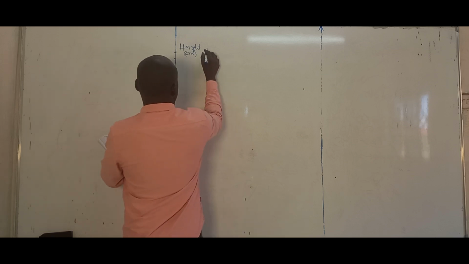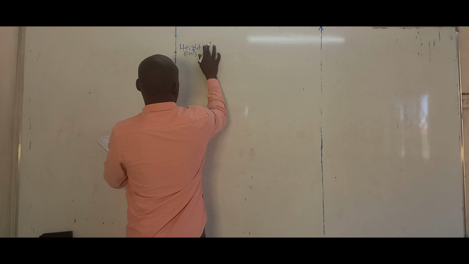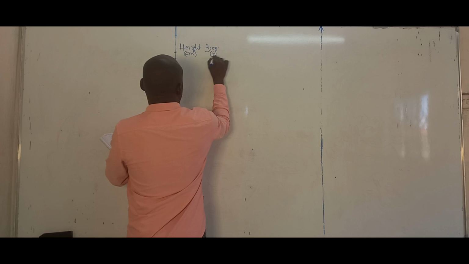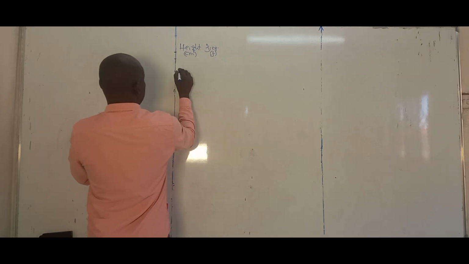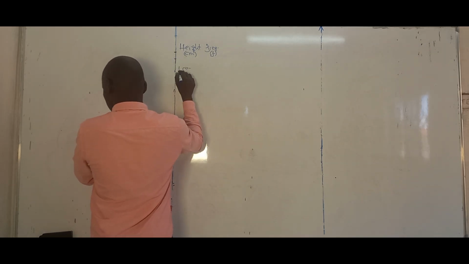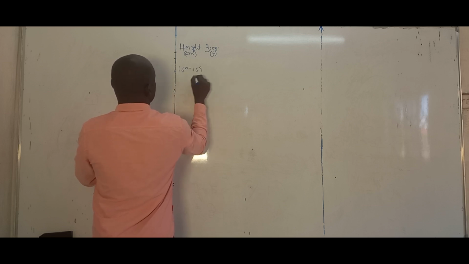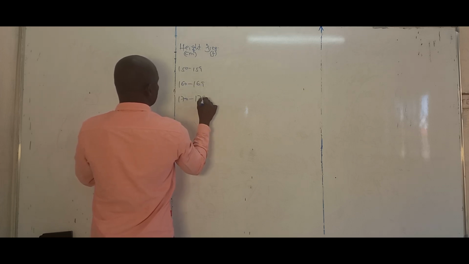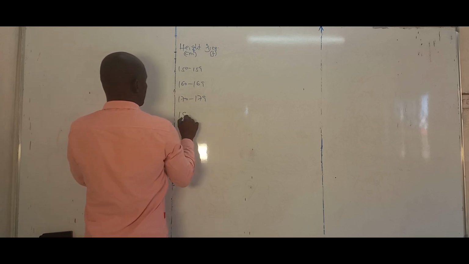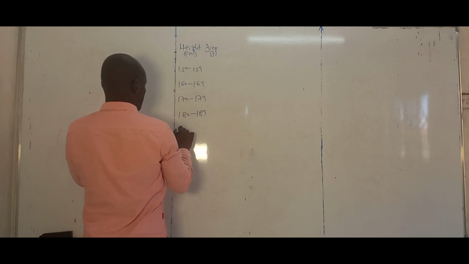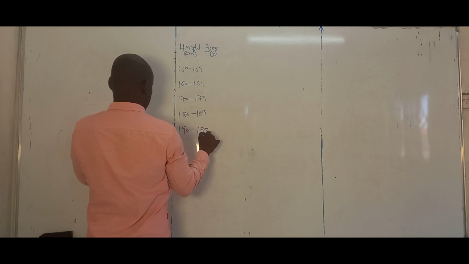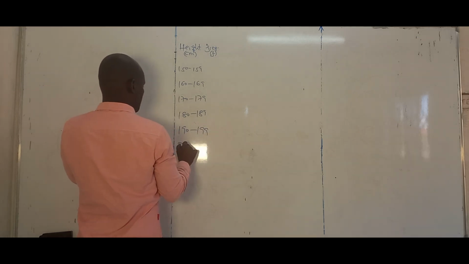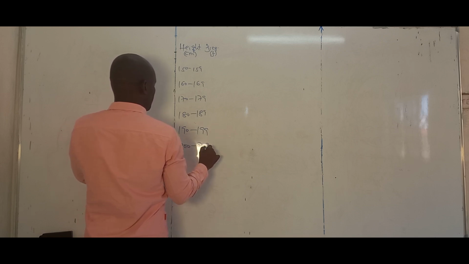And then the next column is that of frequency, which we denote as F. We have the classes 150 to 159, 160 to 169, 170 to 179, 180 to 189, 190 to 199, 200 to 209.